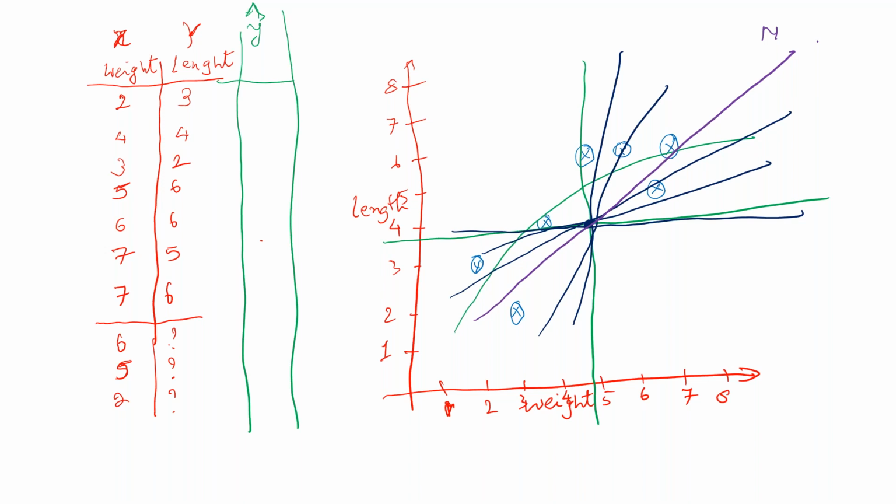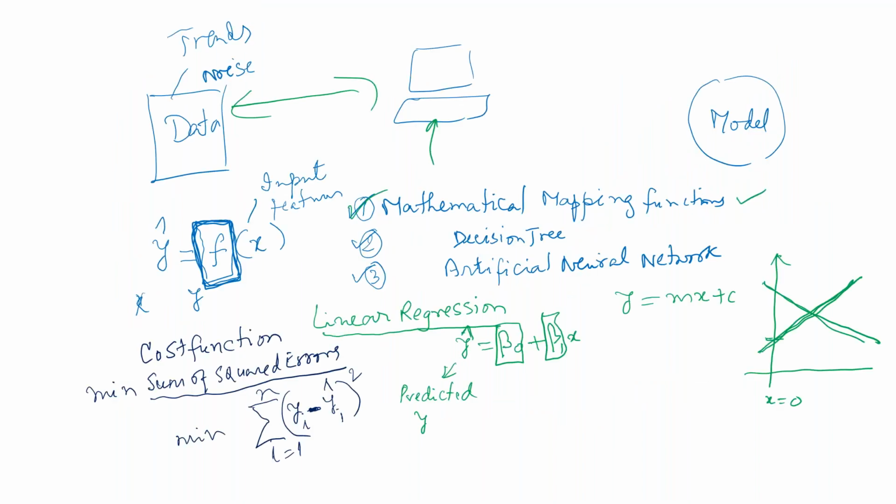Say the first line it created gave a y hat of 4, so it computed 3 minus 4, squared, and like that it calculated the sum for thousands of lines, starting from the mean line and turning it counterclockwise, and finally arrived at this particular purple line, where the sum of squared errors is the minimum. That is where it stopped. That is how computers work.